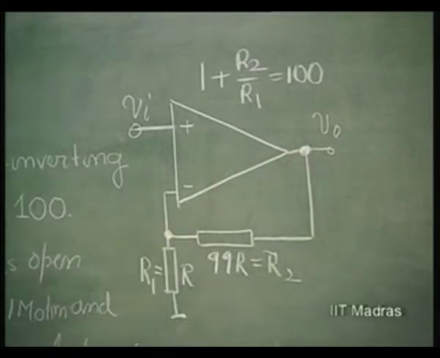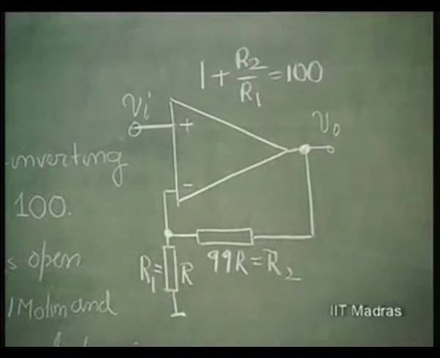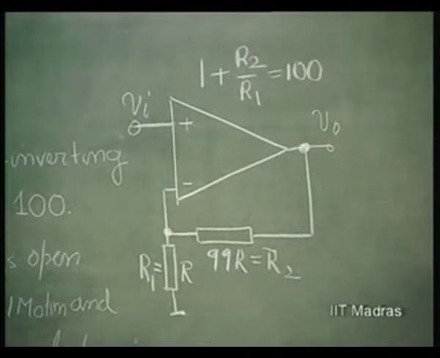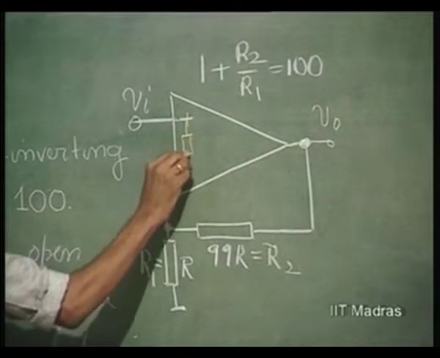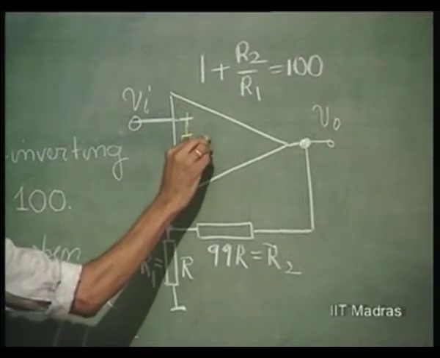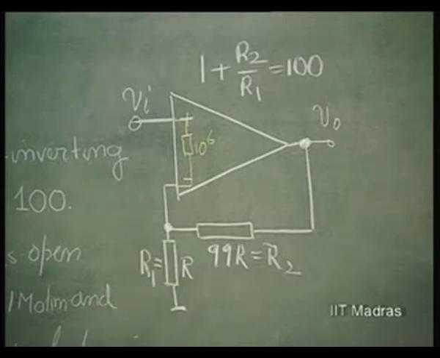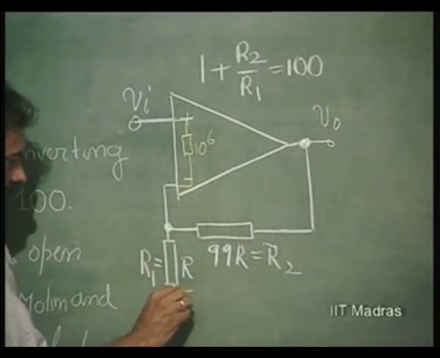Now let us find out by how much the actual gain differs from what we have designed it for because of using a practical op amp like this. So for that, we should once again write down the composite H parameter. Now we have become experts and we will introduce here the resistance, which is 10 to the power 6 ohms, and let R be taken as 1K.